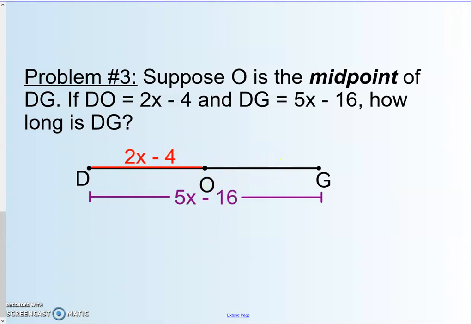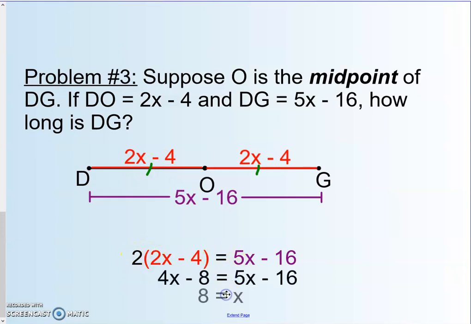If O is the midpoint, that means that this segment right there, DO, is equal to this segment, OG. By the way, hash marks mean that the segments are equal. If this has one hash mark and this has one hash mark, it means they're equal. So if this is 2x minus 4, this is also 2x minus 4, and that gives me this equation. 2x minus 4 doubled is 5x minus 16, and there's your answer.